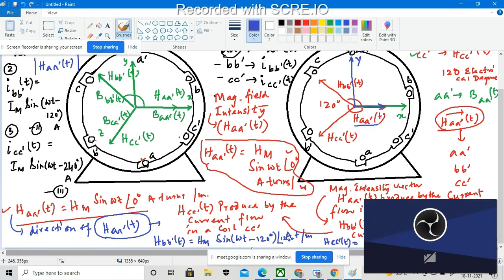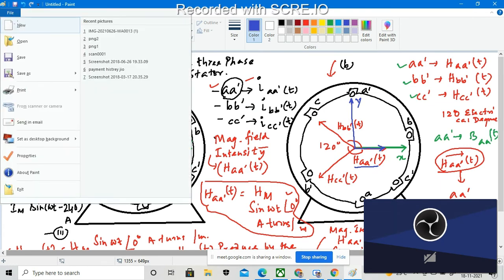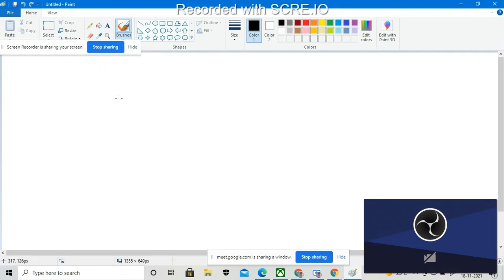Right, so we can say that the flux density resulting from this magnetic field intensity, so what will be the flux densities? Can anyone tell, if we have three equations? Okay, so what will be the equations?